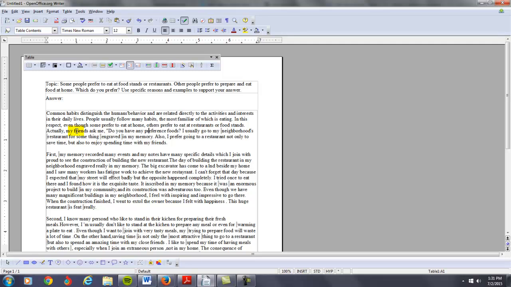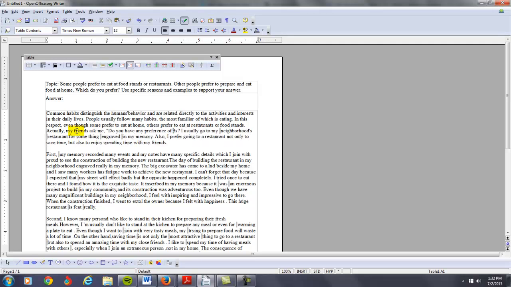So actually my friends asked me, do you have any preference would say so do you have any preference of where, how about this?